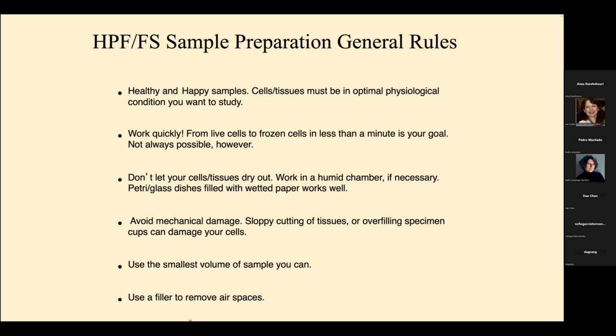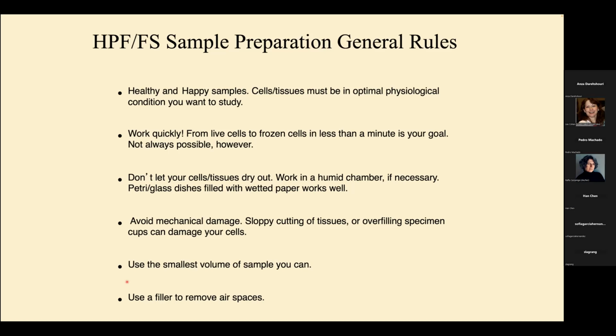And then the last one is to use a filler to remove air spaces. If your sample goes into the planchette, the sample holder, and it has air spaces around it, remember, air is an insulator and will prevent the sample from cooling at the most optimal rate and giving you a nice vitreous sample. So we have to think about filling that space with something.